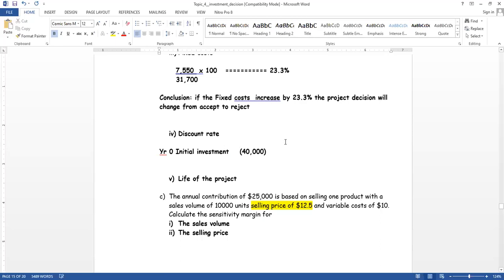Okay, but I don't know the discount factor. Discount factor, this one I don't know, but I need the PV. But for year 0, it is known. For year 0, it is 1. So the PV here is 40.